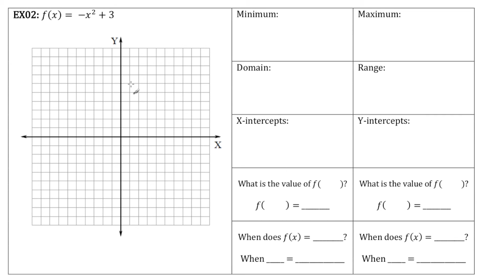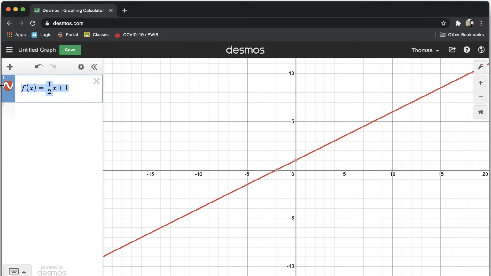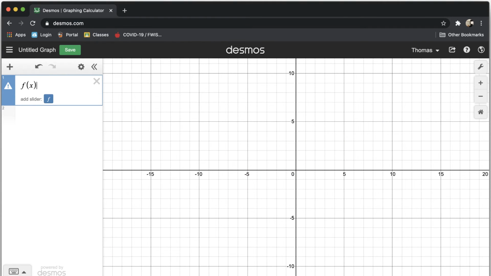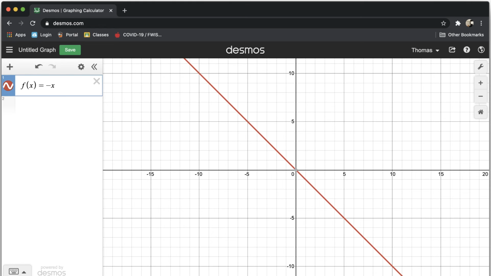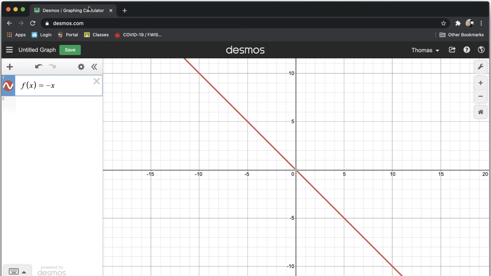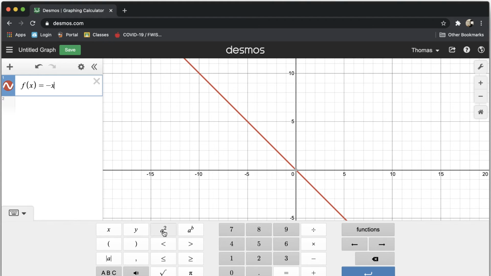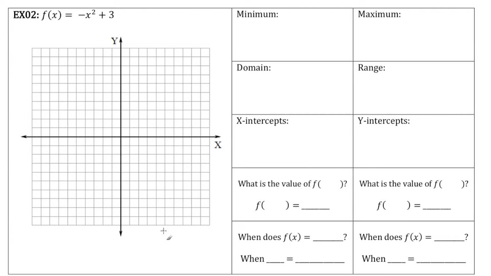Okay, f of x equals negative x squared plus 3. Let's try that. F of x equals negative x, I think it's the second power, squared, yeah. So I'm going to go down here, squared, and then plus 3.